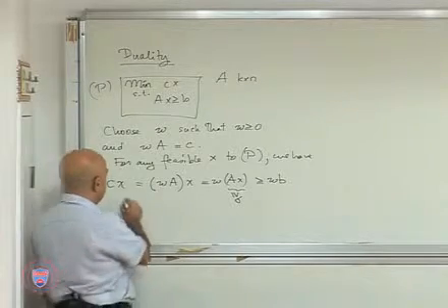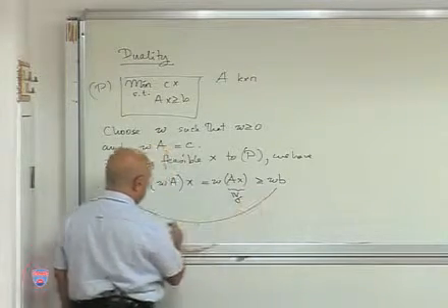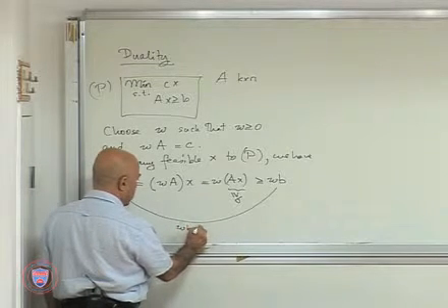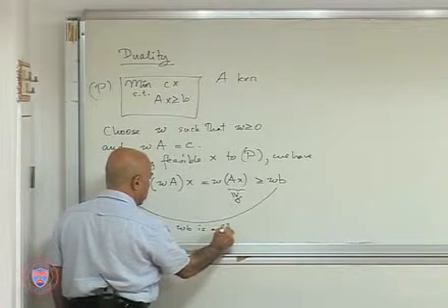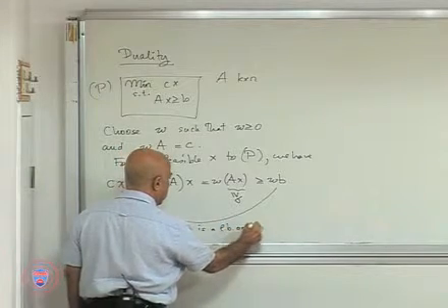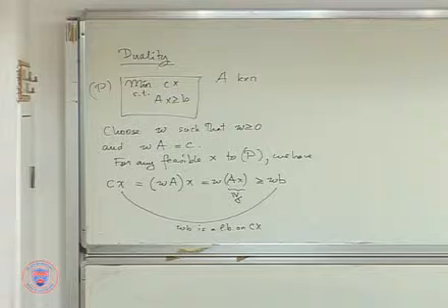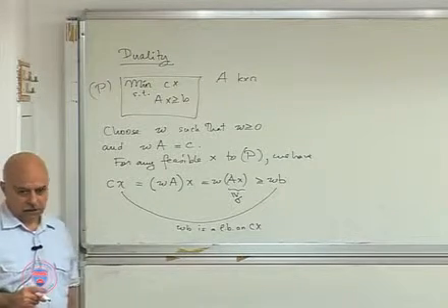Okay? So that tells you that Wb is a lower bound on the objective value of the minimization problem for any feasible x.